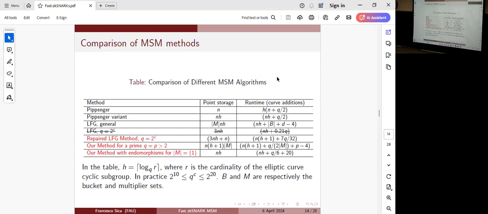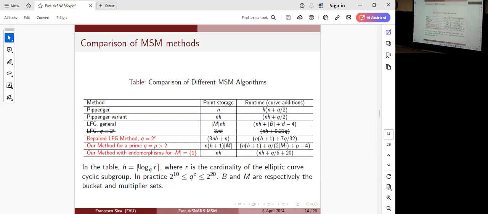So here, let's see a bit what we're doing. For Pippenger, the number of points stored is n, because you need to store only the points, and that's the runtime in curve additions. It's h times n plus q over 2.